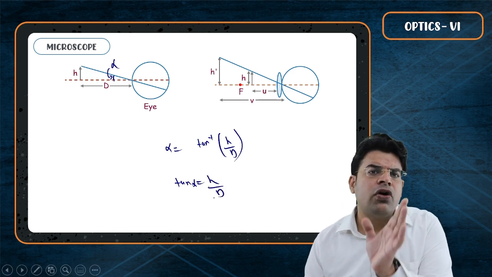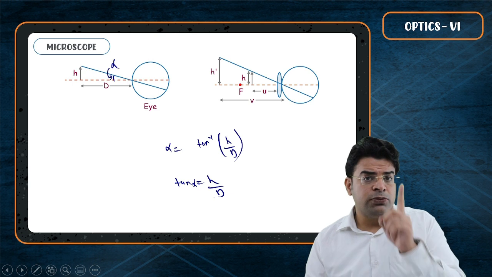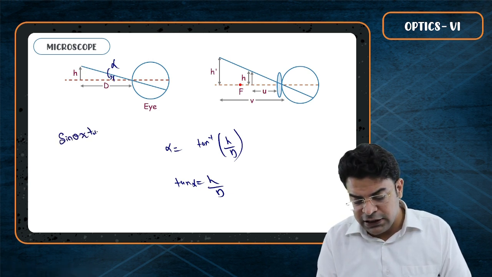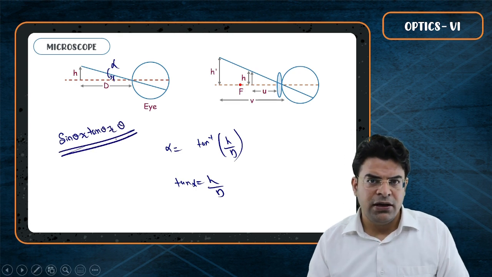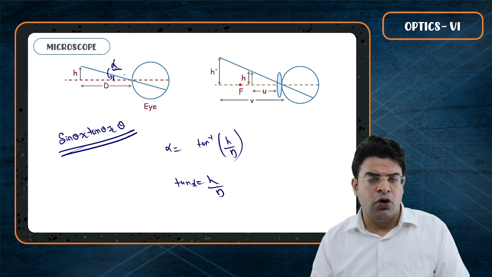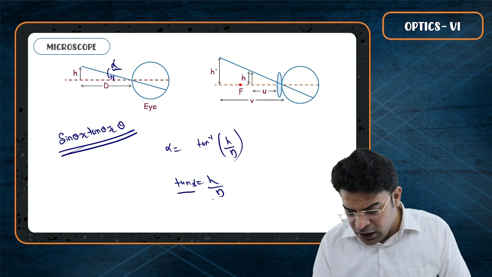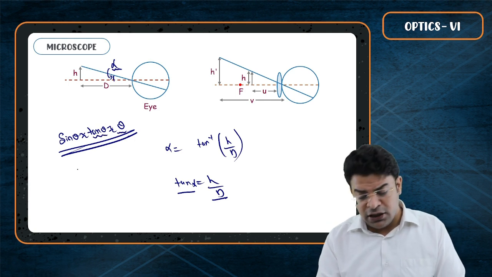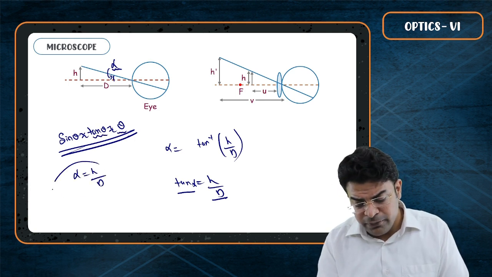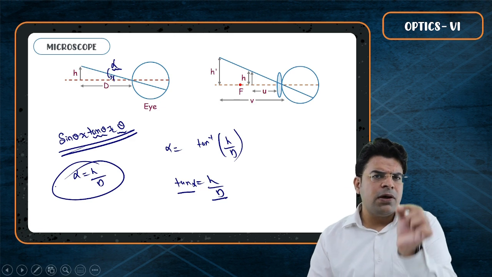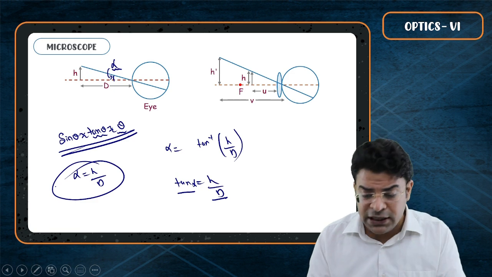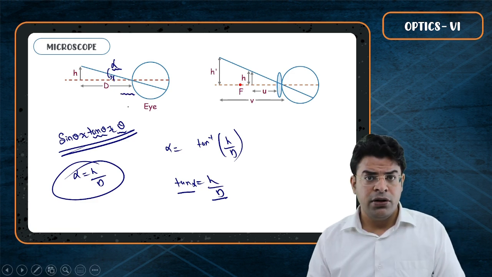Now here we are talking about small angles. For small values of theta, sin theta and tan theta can be approximated to theta. So if the angle alpha is small, as I know tan alpha equals h by D, alpha can be written as h by D.